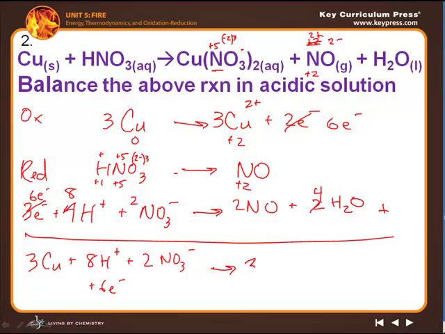And on this side we got 3 copper plus 2 NO plus 4 waters plus 6 electrons. So the 6 electrons cancel, and we're left with a balanced chemical equation that shows our nitrates are 6 electrons plus 8 here.